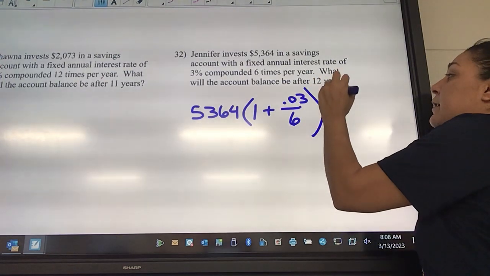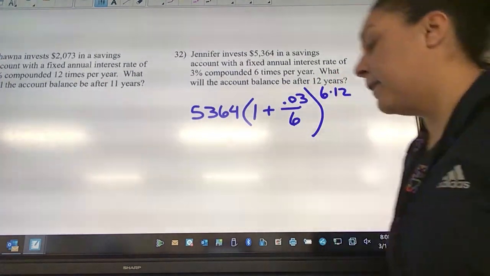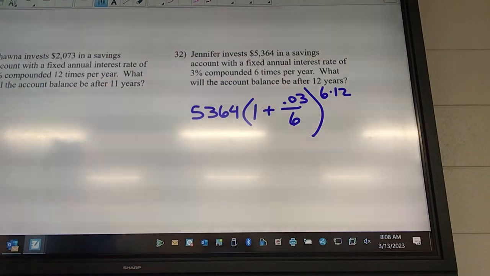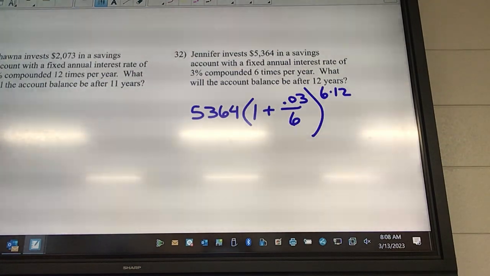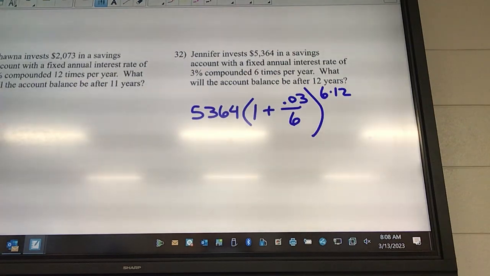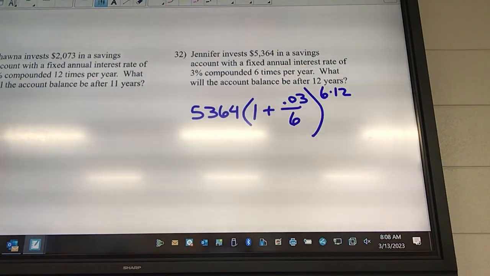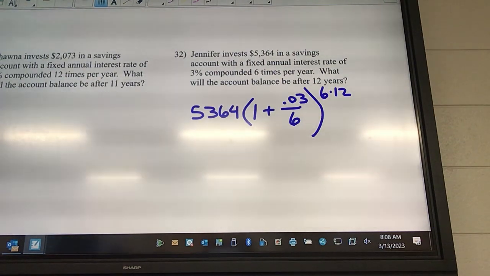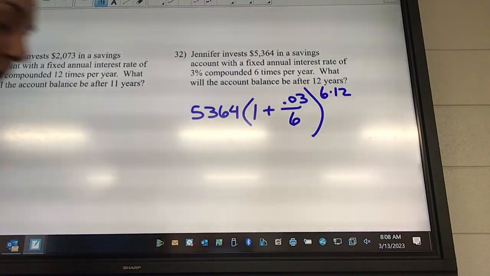And then we got 6 times 12 over here. The compounded number is the number that gets used twice. So that 6 is going to be the one that gets used twice. Type that in, see what you get.